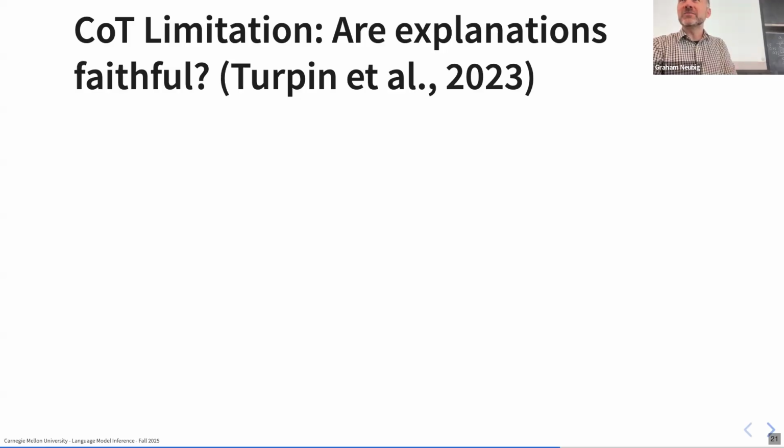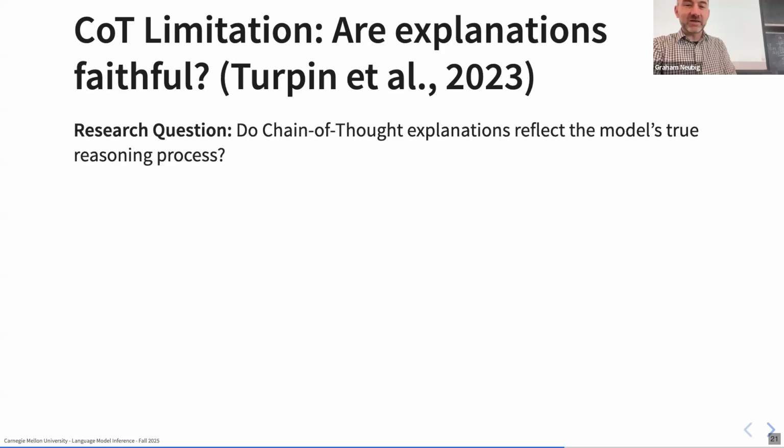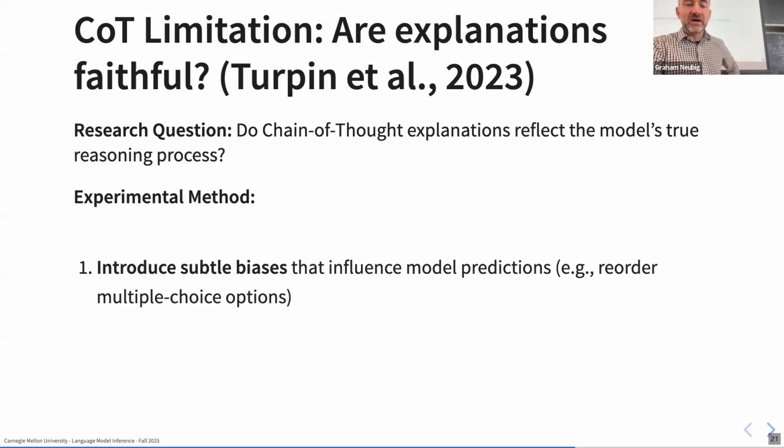But there's a big if there: if the explanations are faithful. So if we look at chain of thought explanations and whether they actually reflect the reasoning process, they did a clever trick here where they introduced subtle biases into the few shot examples that influence the model predictions.